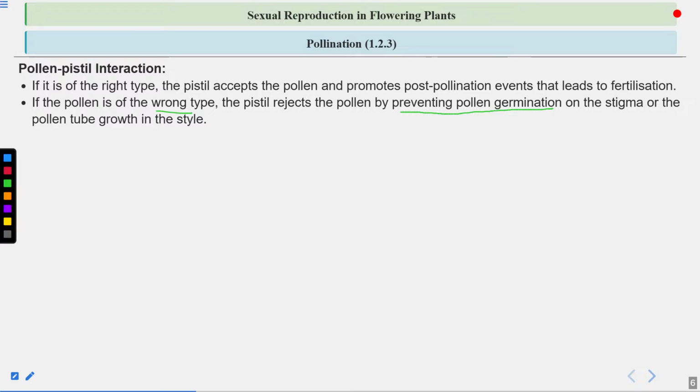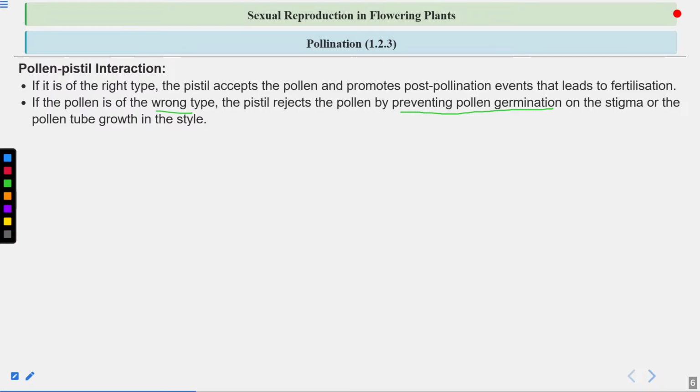Okay. So here one gene for recognition is there, but it has different forms: S1, S2, S3. If the pistil has the S1 type, then it will not accept the S1 type of pollen grain. Understood?